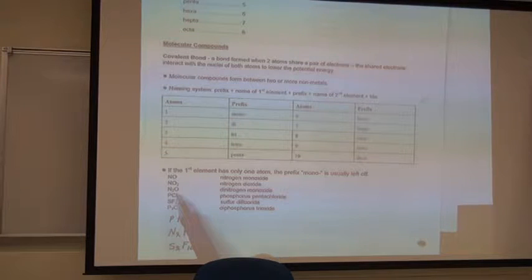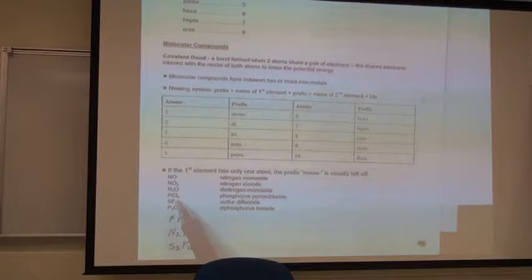N2O, which is laughing gas, by the way. What is that? It is two nitrogens up front, so it's dinitrogen monoxide. Okay, H2O, what would that be? Water. Or dihydrogen monoxide. Yeah.